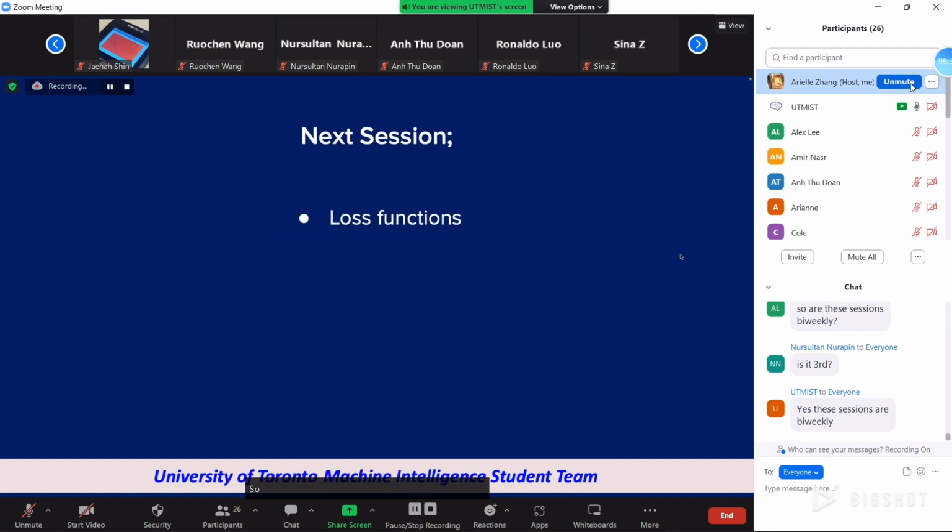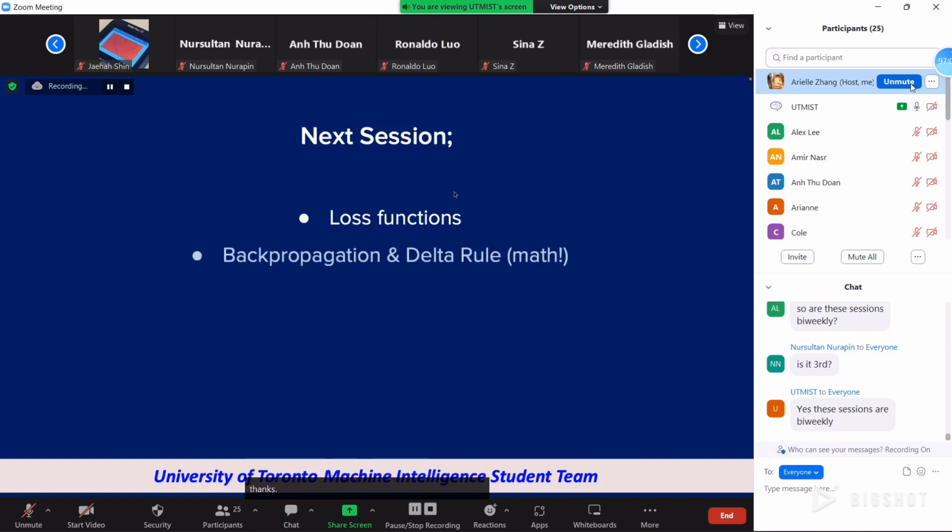That's some more math for you, but not this time, because this is how you actually calculate loss and how you update your neural network according to it. We'll use some real code snippets as examples of how you define and calculate your loss functions, and how to do all that stuff. Okay, and backpropagation and the delta rule, more math.